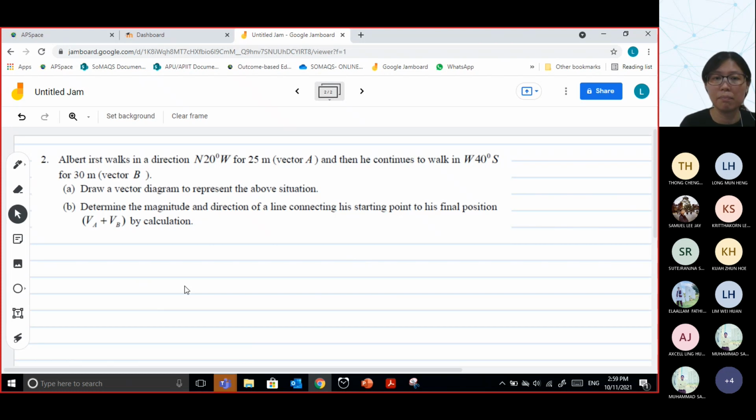Because there is a magnitude and also direction. When there's a magnitude and direction, that is a vector. In this case, it's like the displacement, right?